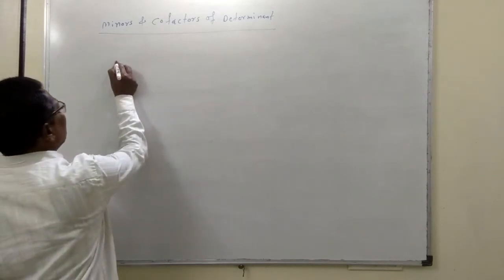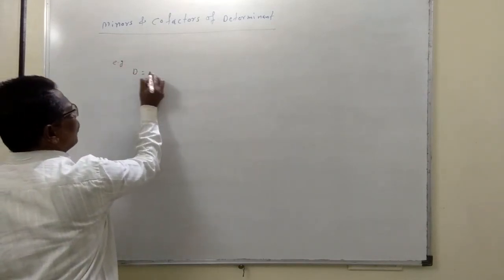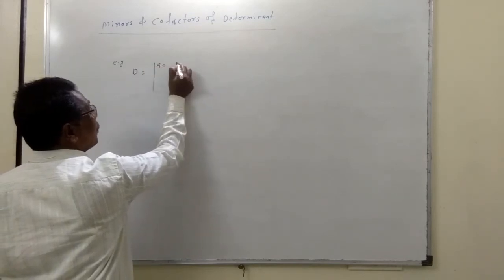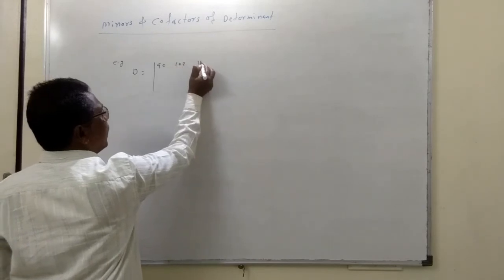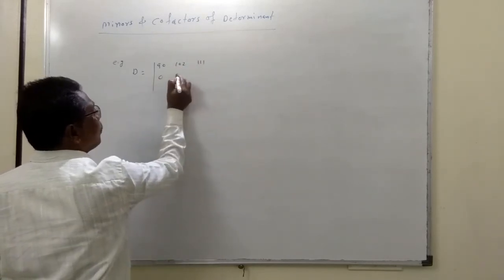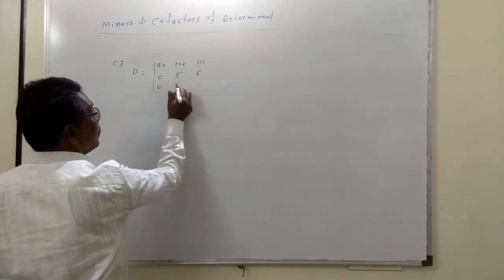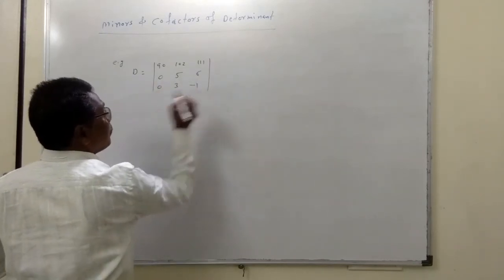Suppose, for example, D is equal to, we consider the determinant 90, 102, 111, 0, 5, 6, 0, 3, minus 1.